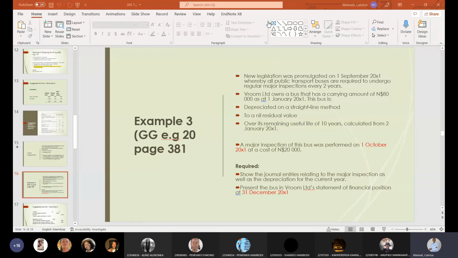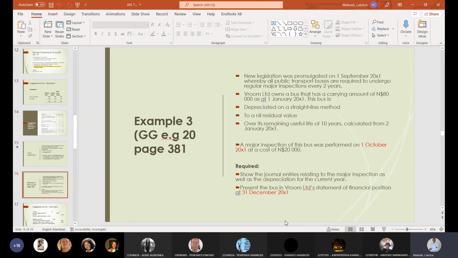Would the major inspection be characterized as an asset or an expense? Expense. Alpha Dube says expense. Anyone else have an opinion on that?